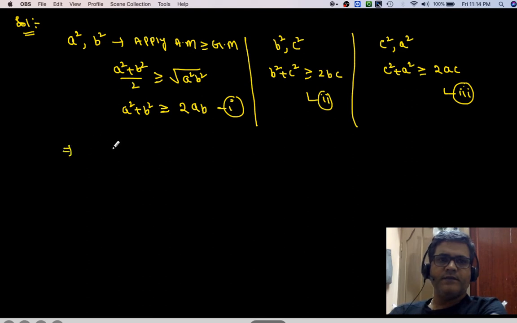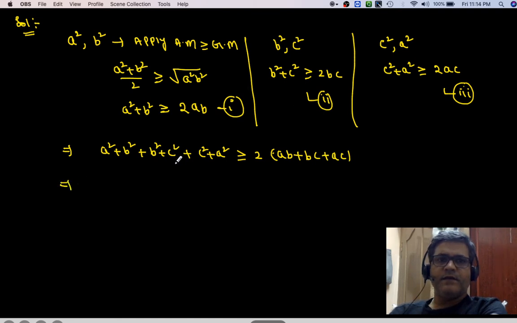This implies a square plus b square, if you add, then b square plus c square plus c square plus a square is greater than or equal to 2 times ab plus bc plus ac.